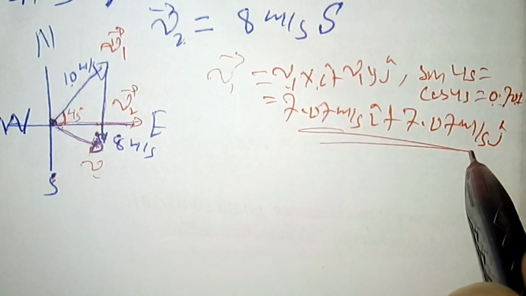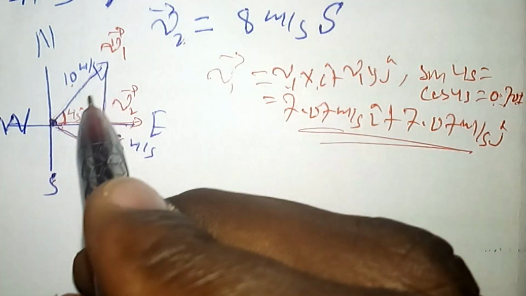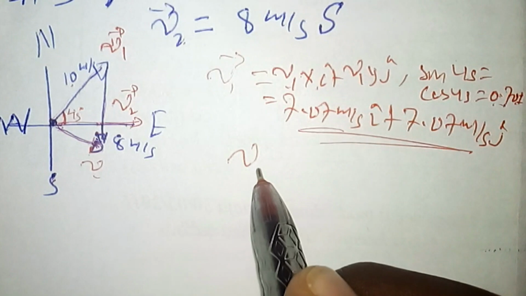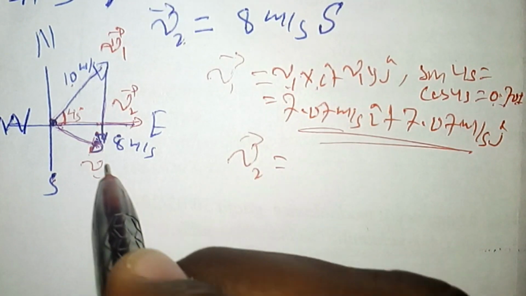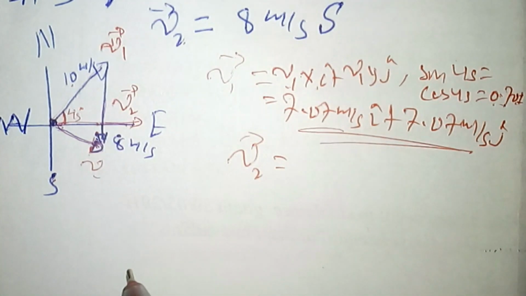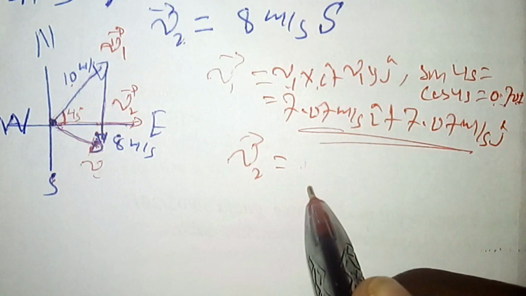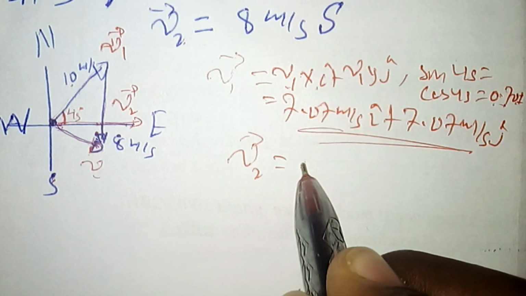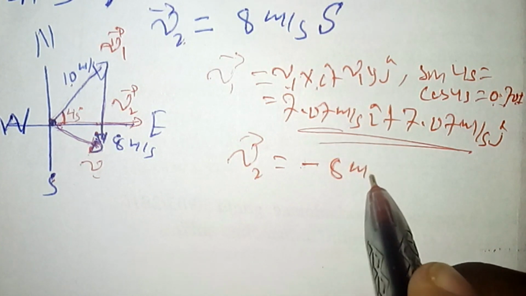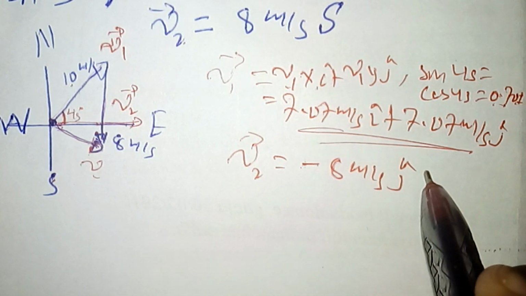So these are the components of the first velocity, and the second velocity in component form is only along the south. That means I take it as the negative y-axis, that means minus 8 meters per second j.